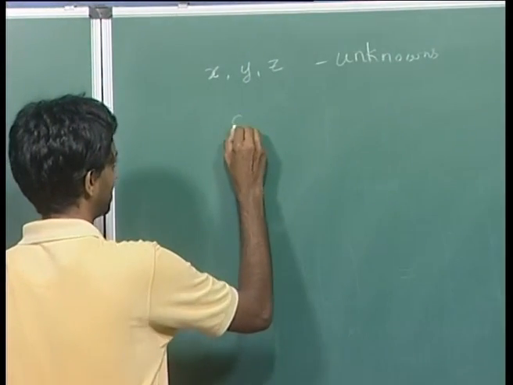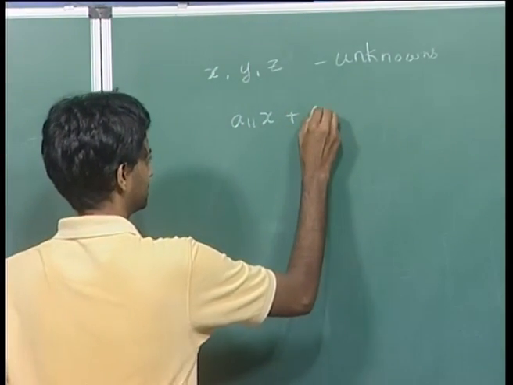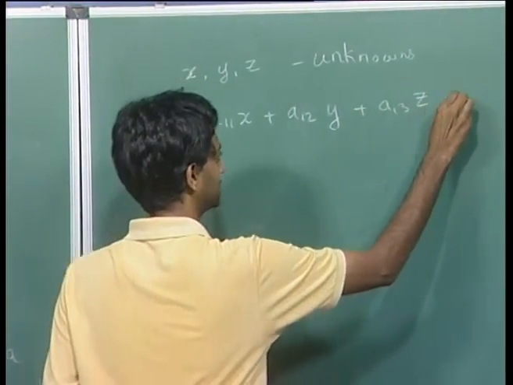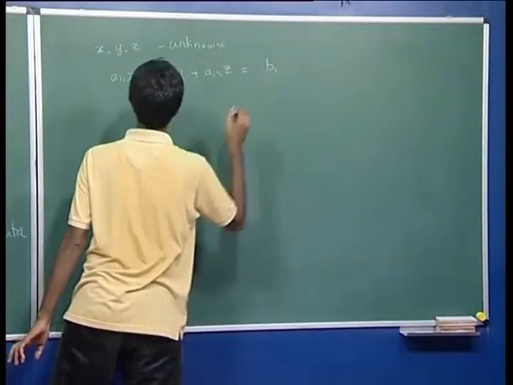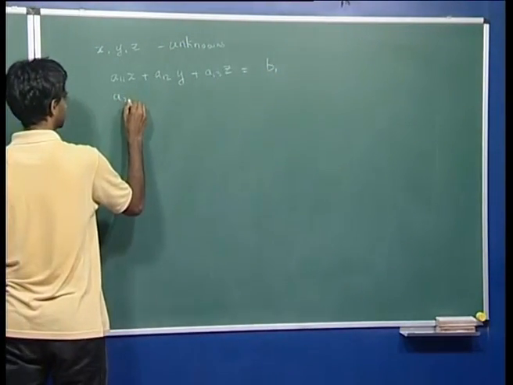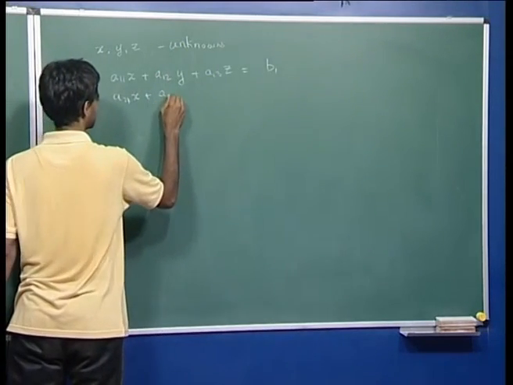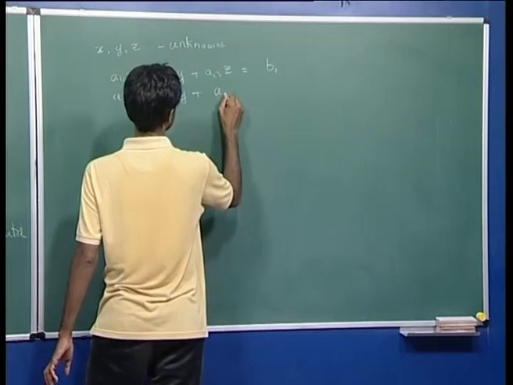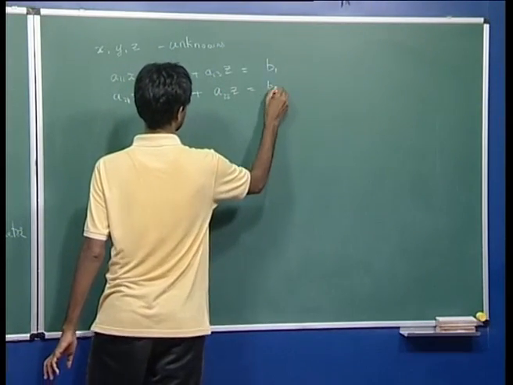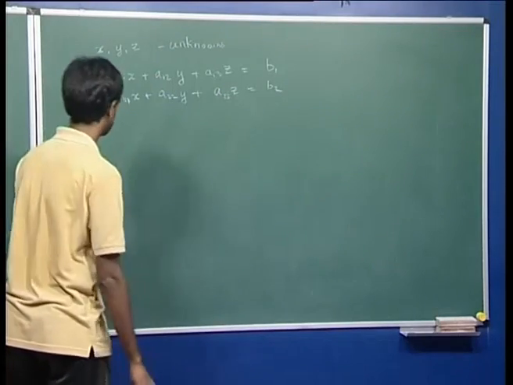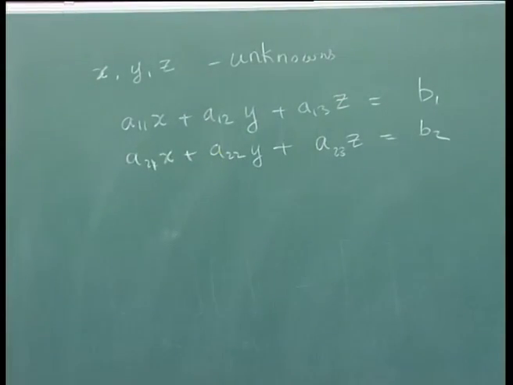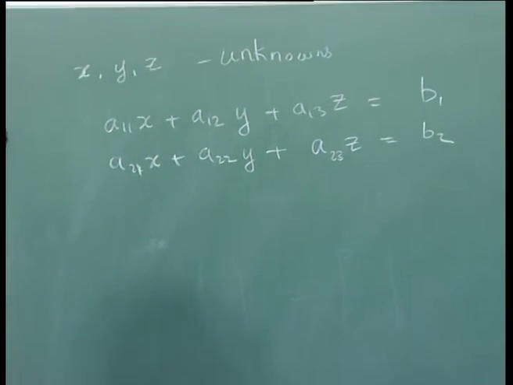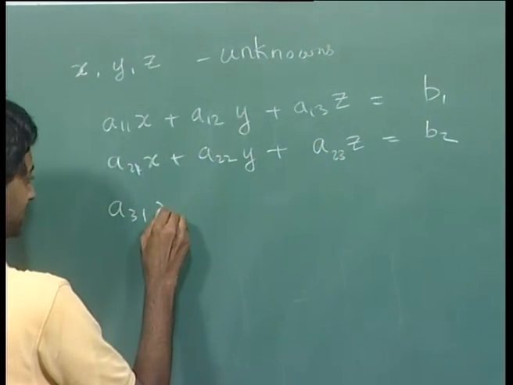So, for example, you can have a 1 1 x plus a 1 2 y plus a 1 3 z is equal to b 1, a 2 1 x plus a 2 2 y plus a 2 3 z is equal to b 2, okay, and so on. You could keep having this for as many as you want. Okay. So, for convenience, let us take a third one.